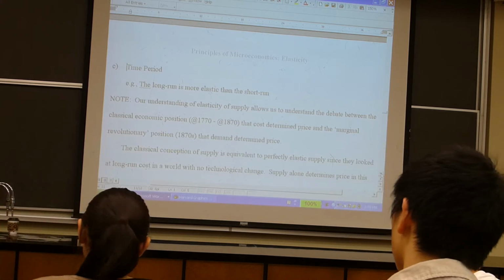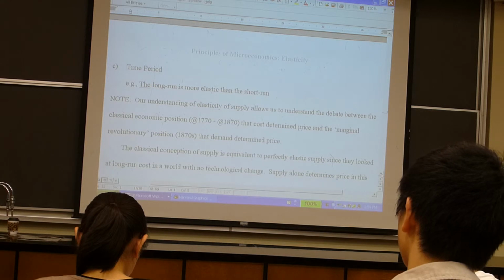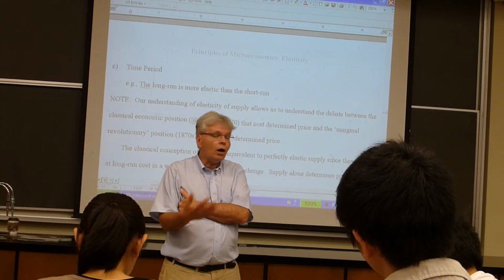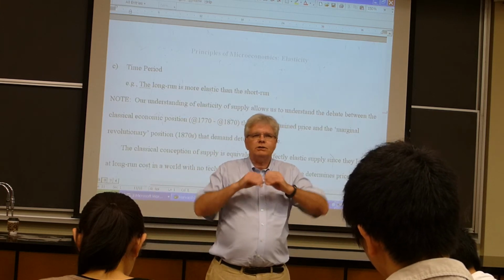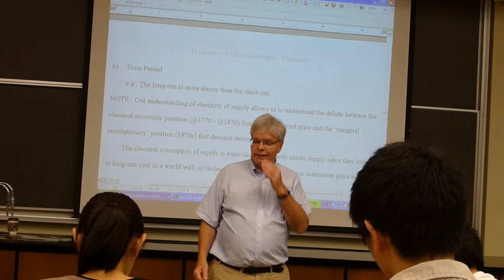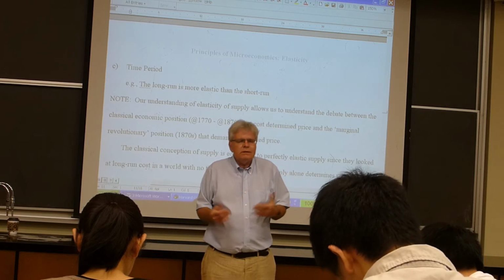And then following them, in the early 1870s, before Marshall cleaned it all up around 1890, the marginal revolutionaries said, actually cost has no influence on price, only demand influences price. So you've got 2 diametrically opposed things. One says cost determines price and not demand, and the other says demand determines price and not cost. What is the problem here?